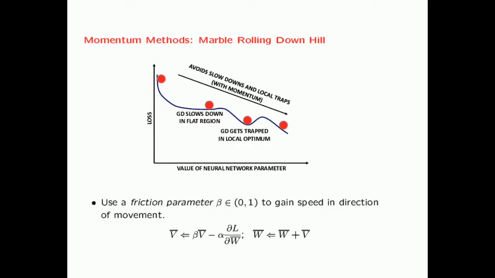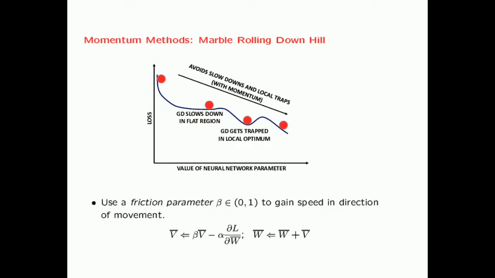The idea here is that as the gradient descent procedure consistently moves in a certain direction, it picks up velocity in that direction based on the friction parameter. The directions in which it has been moving consistently, the velocity tends to increase with time, and the directions in which oscillating, zigzagging movement has been happening, the velocity tends to be reduced with time.